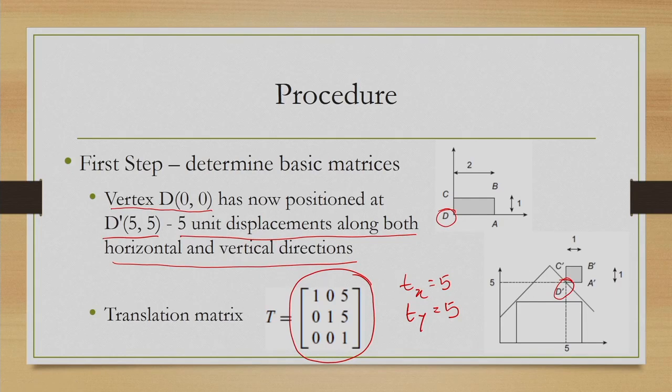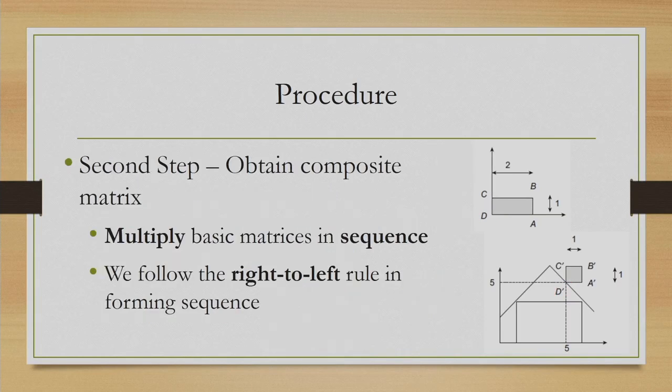So, earlier we obtained the scaling matrix, now we obtained the translation matrix. But our question remains, how to combine them? That is the second step, composition of the matrices or obtain the composite matrix.